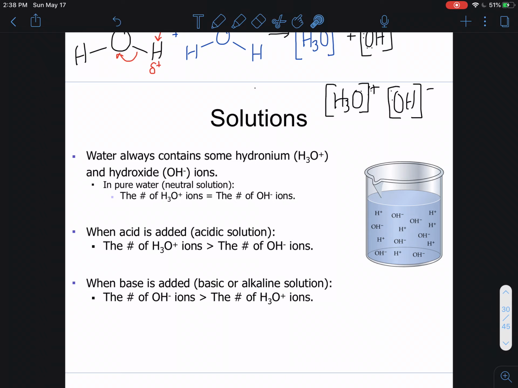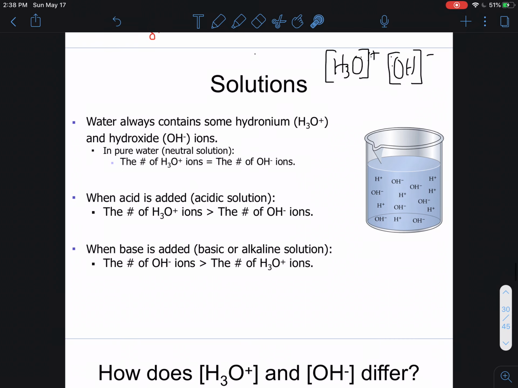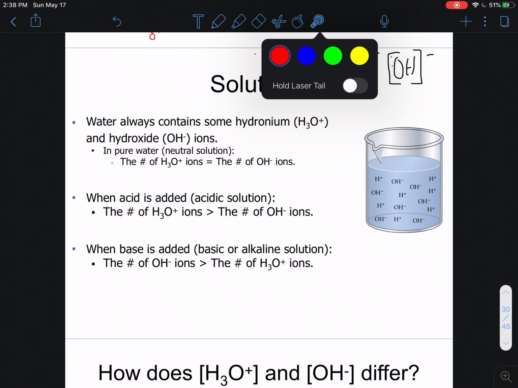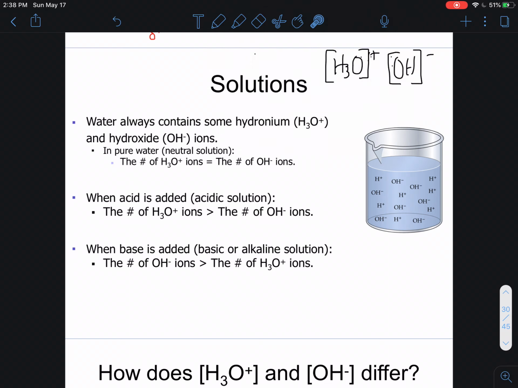How are they affected when we add acids and bases to solutions? So again, remember, water always contains some amount of the hydronium ions, the H3O plus. And since it always contains some amount of H3O plus, it's always going to contain the same amounts of OH minus. This is a neutral solution.